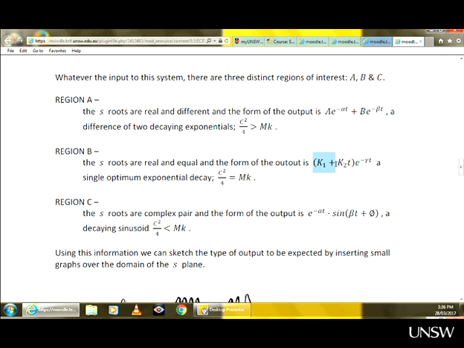Second case, region B, when you have two identical real roots, the output will look like this. Again, K1 and K2 are some constants, don't bother. But you will have one term corresponding to this exponential, and the other one, you have a product of t times exponential.